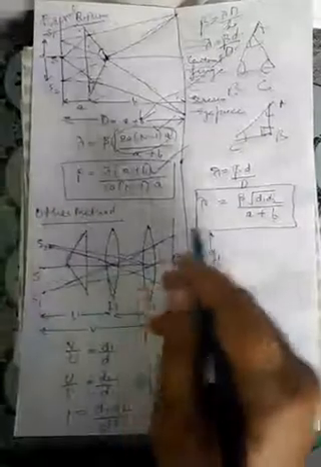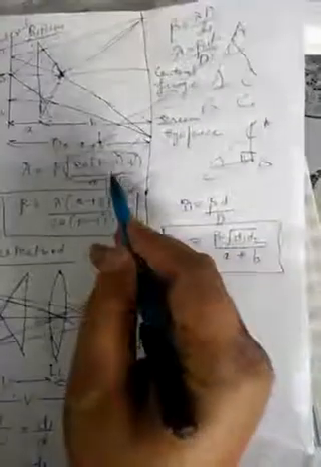Using the formula of magnification, size of image upon size of object, d1 upon d is equal to v upon u, and for the second position d2 upon d is equal to u upon v. Taking the product of these two equations, we get d equal to root of d1 d2. So instead of 2a into (mu minus 1) into alpha, the distance comes out to be root of d1 d2.